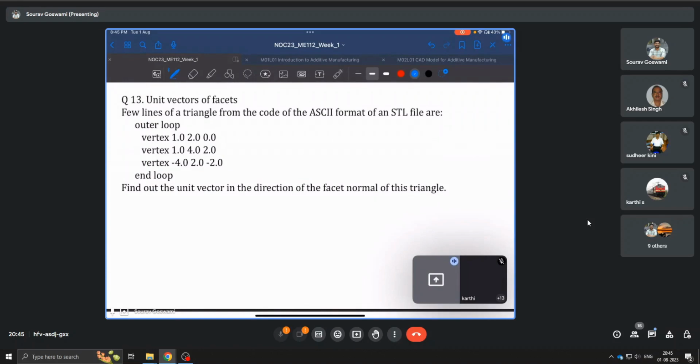This next example involves finding the unit vector of a facet from the vertex information. So let's do it. Again, I'm just naming these three vertices as A, B, and C. And here is my triangle.